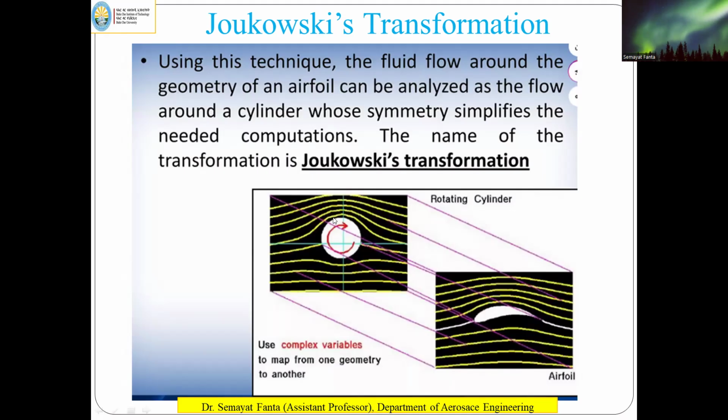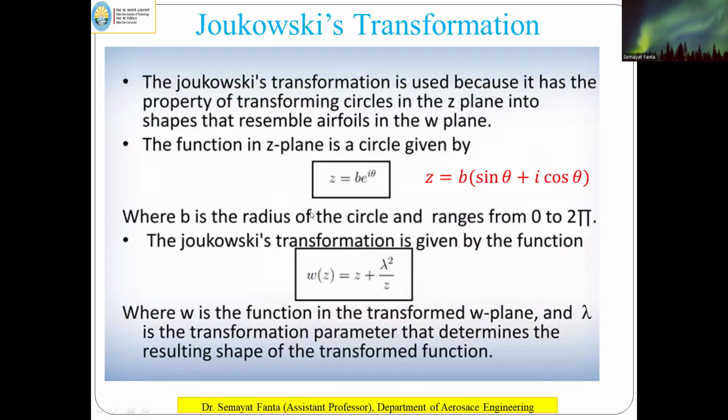So the circular geometry changes to an aerofoil shape here. This is a rotating cylinder, and this is an aerofoil. That is called Joukowski's transformation. It is used because it has the property of transforming circles in the Z plane into shapes that resemble aerofoils in the W plane.